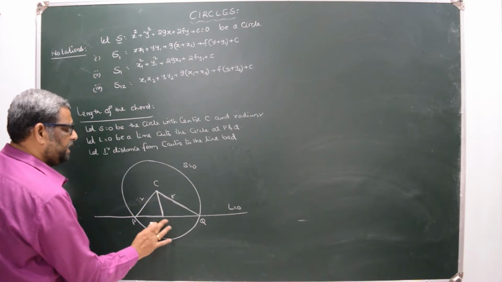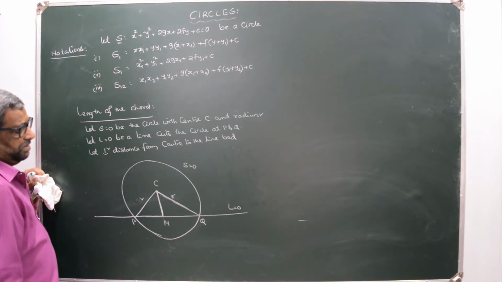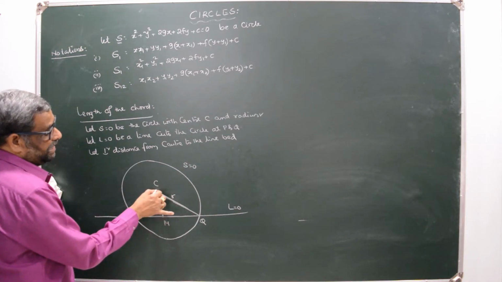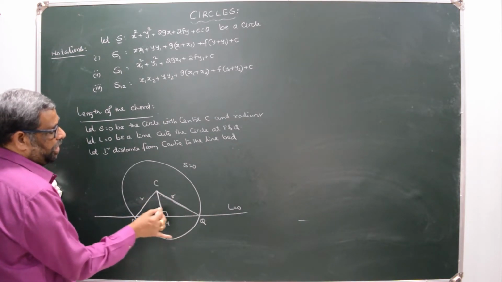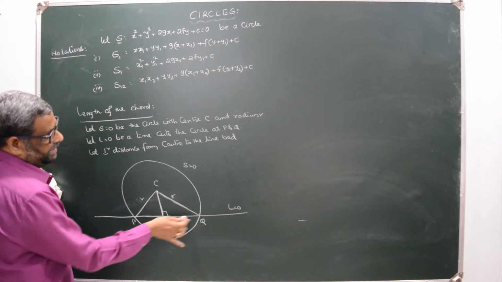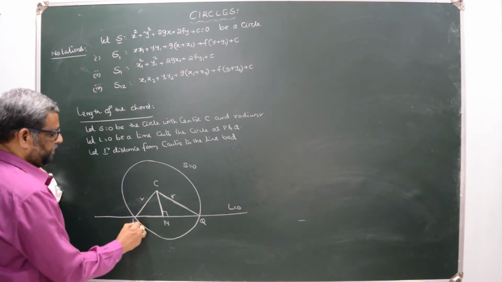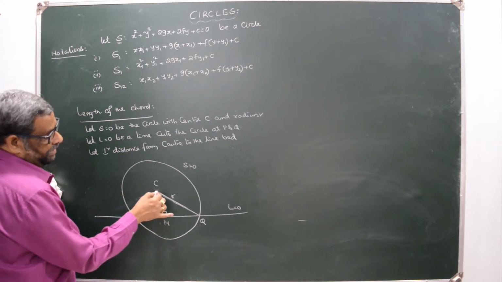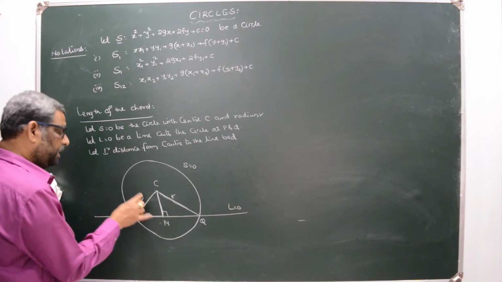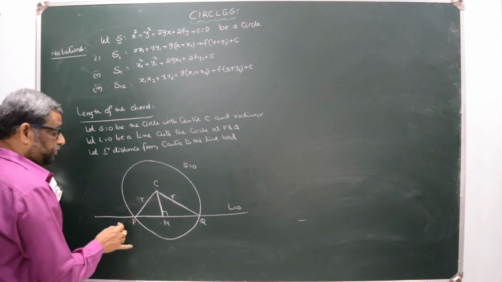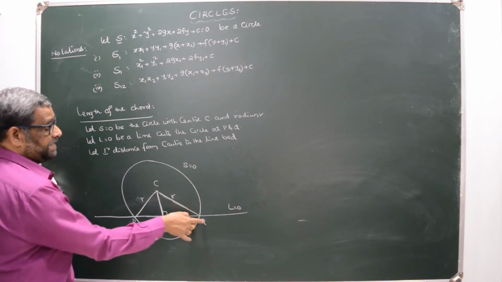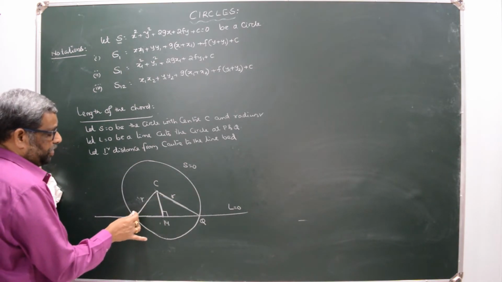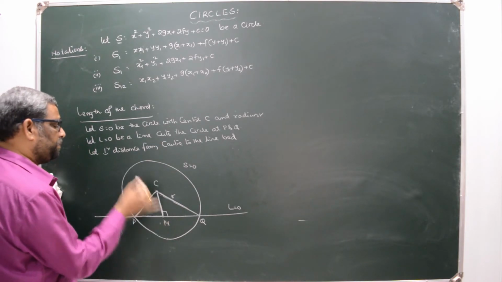This is a concept in the isosceles triangle: the altitude will itself become the median, the angular bisector and the perpendicular bisector. Of course, if you drop a perpendicular from P to the line CQ, that will become an altitude, but not the median. So this is the midpoint.